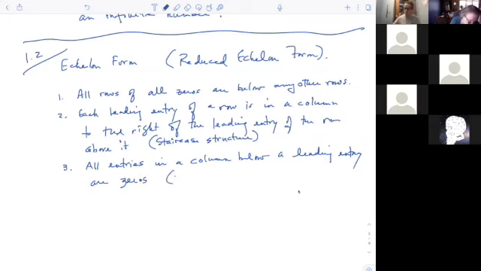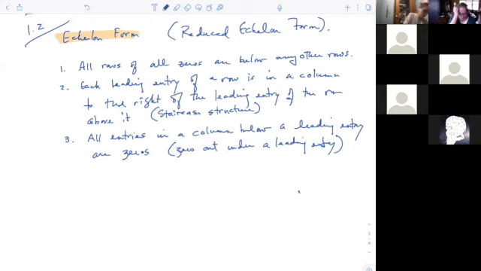This is the zero out under a leading entry idea. What I've written here corresponds to echelon form. There's a couple more rules for reduced echelon form. I'm not going to talk about those right at this moment, because echelon form is typically all we need to worry about, so I'm going to focus on it right now.